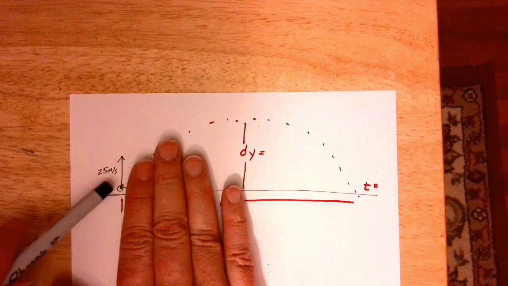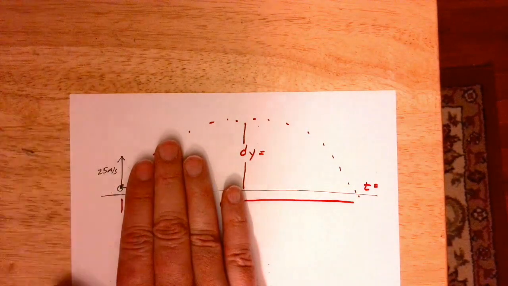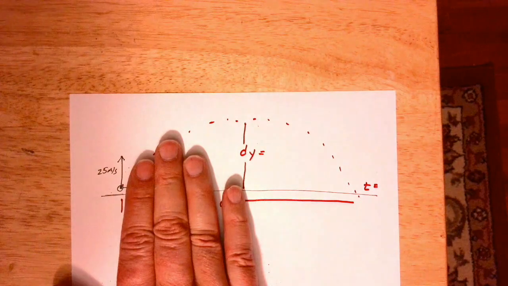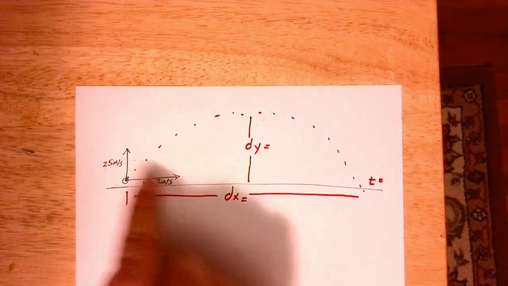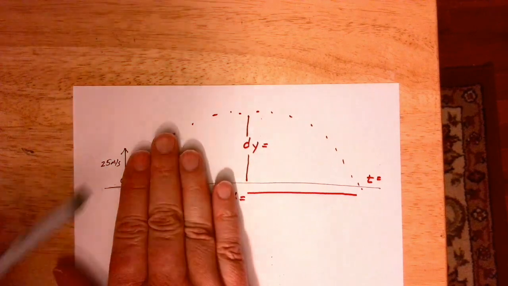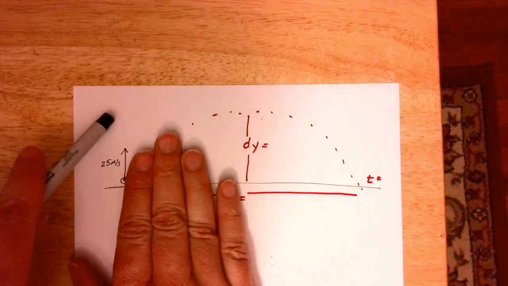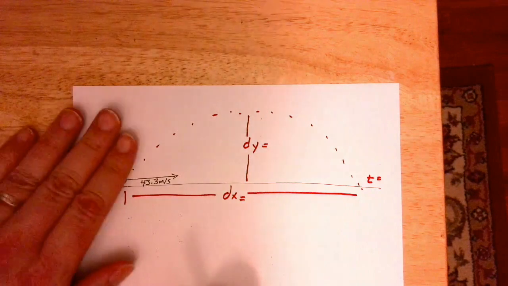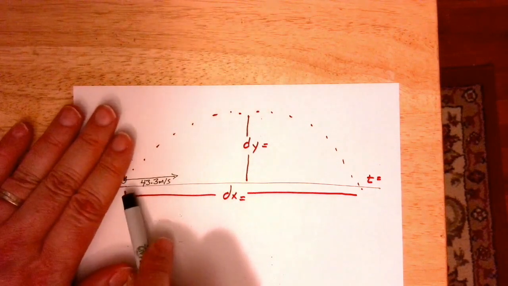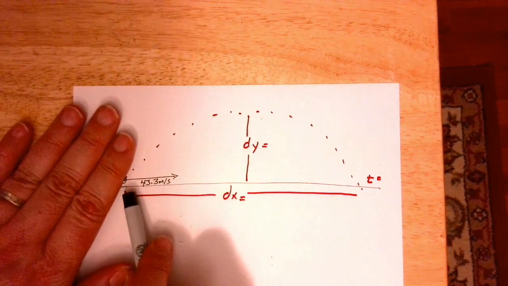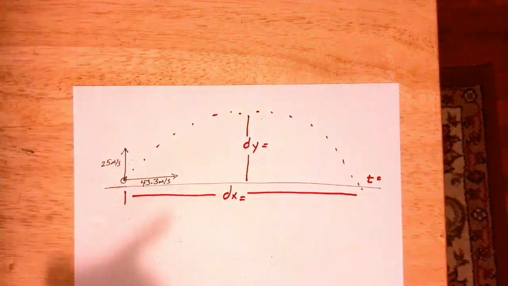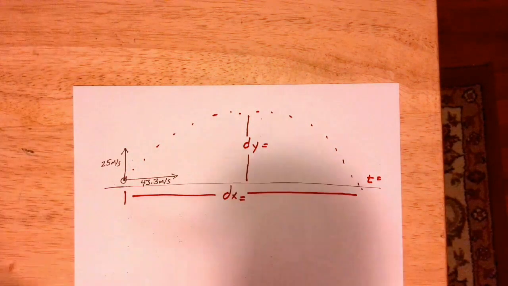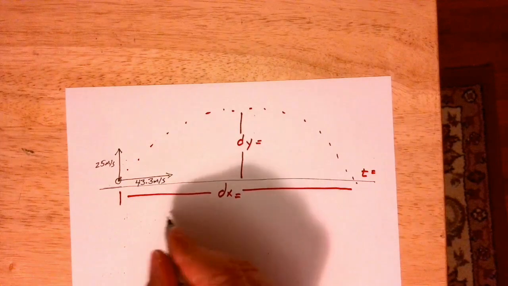Treat this as though you're throwing a ball straight up in the air at 25 meters per second, because the path of this ball is actually the resultant of those two. So it's acting as though you're tossing a ball straight up in the air at 25 meters per second, and it's also acting as though you're rolling a ball across level ground at 43.3 meters per second. So we need to break this down into our givens.